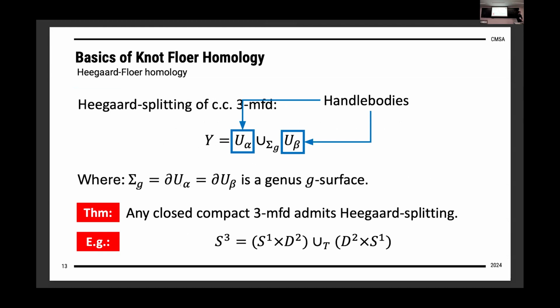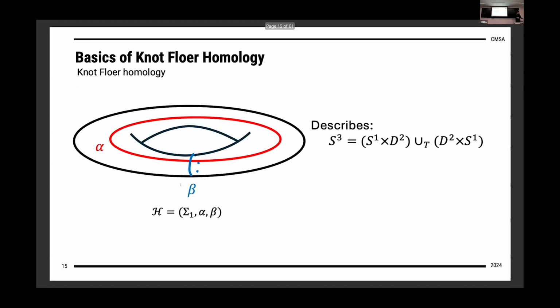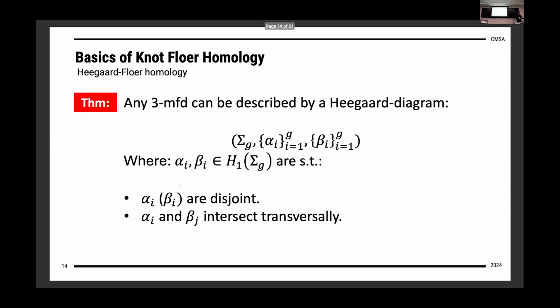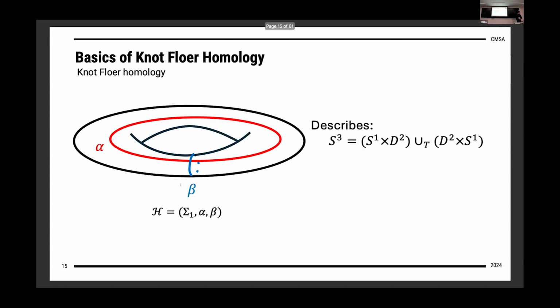And you can pick a very nice type of description, known as the Heegaard diagram, which is a very nice combinatorial description of your three-manifold, which you can model by essentially picking your genus g surface and picking your cycles, which essentially define your handlebodies. And when you glue these handlebodies, they define your three-manifold.